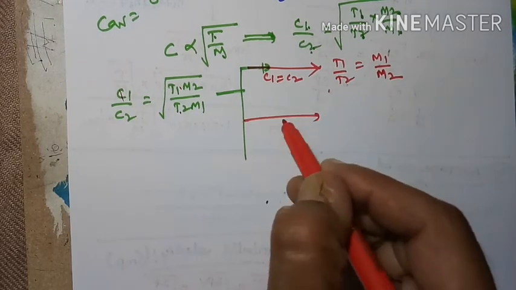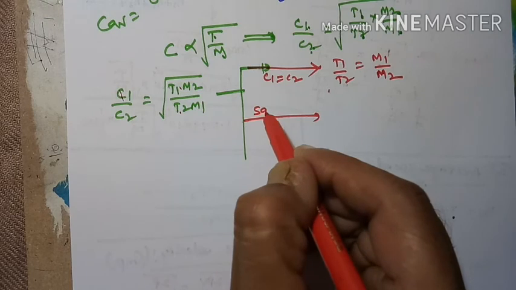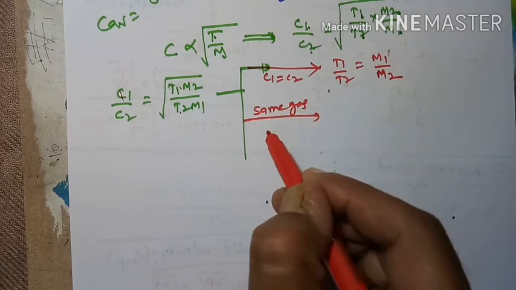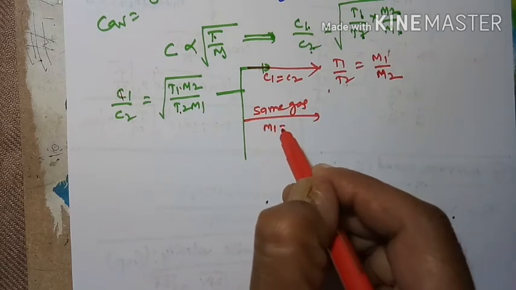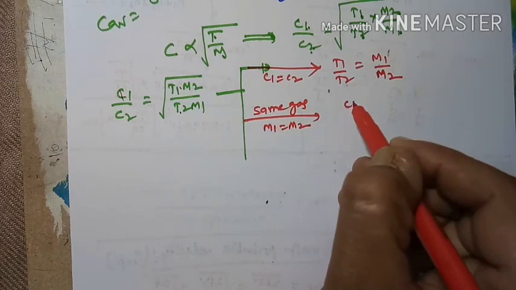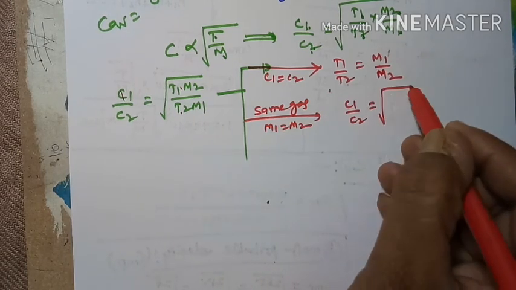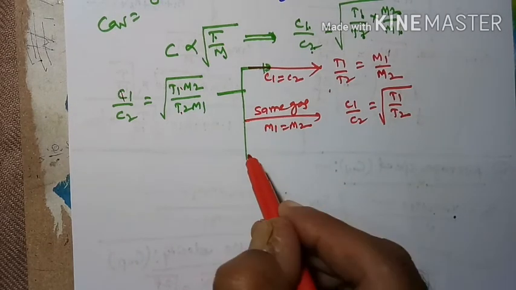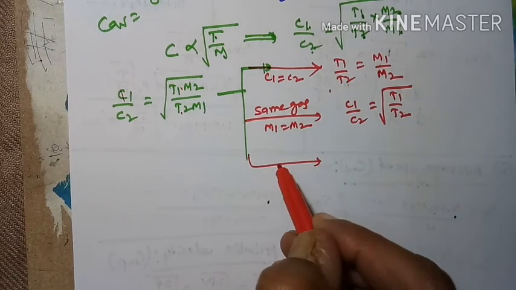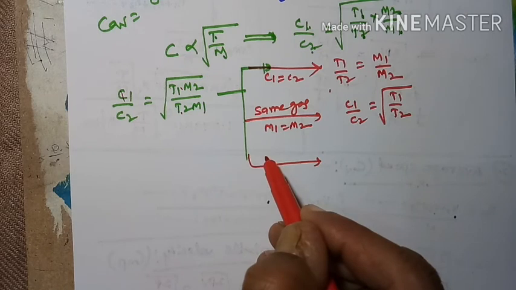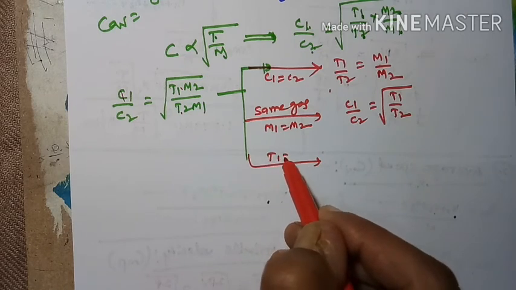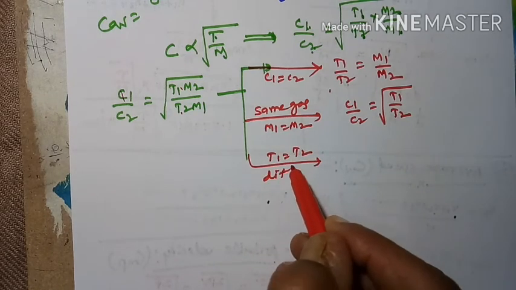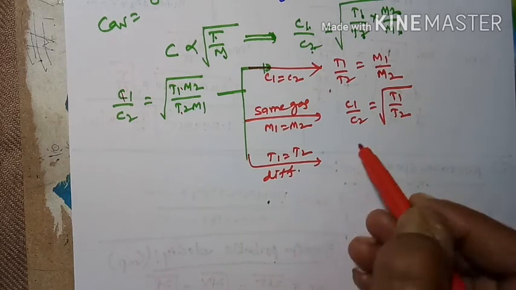If the same gas is used, molecular weights are the same, M1 is equal to M2. So C1 by C2 is equal to under root of T1 by T2. If different gases at the same temperature, whenever gases are different, molecular weights are different.